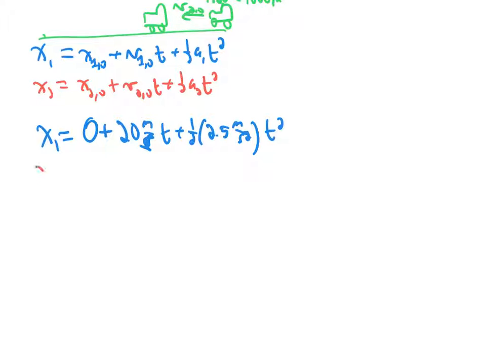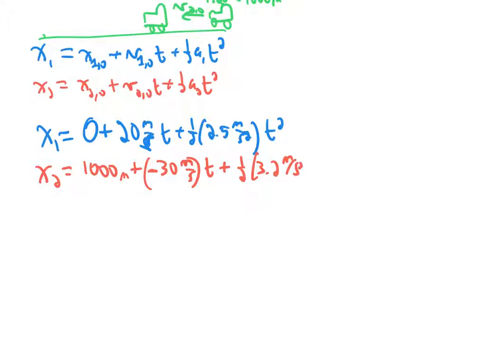And then we have that x2 is going to be the initial position, which we know is 1,000 meters, plus its initial speed, which is 30 meters per second, but in the minus direction, times t, plus 1/2 times the acceleration, which happily here is 3.2 meters per second squared, also times t squared. So these are the equations of motion for x versus t for each of them.